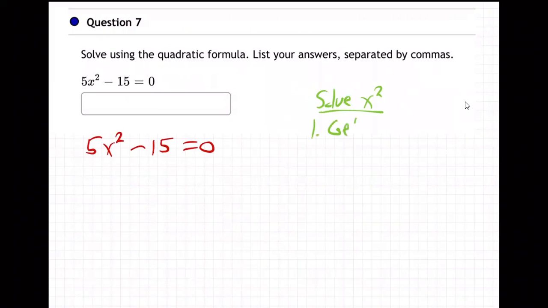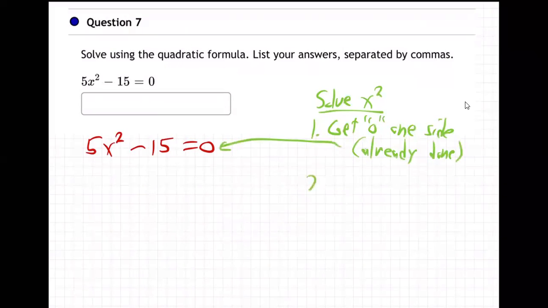So step one, get a 0 on one side. And for us, it's already done, isn't it? Already done. So we don't have to do anything. Step two, identify A, B, and C. Now, what are A, B, and C?